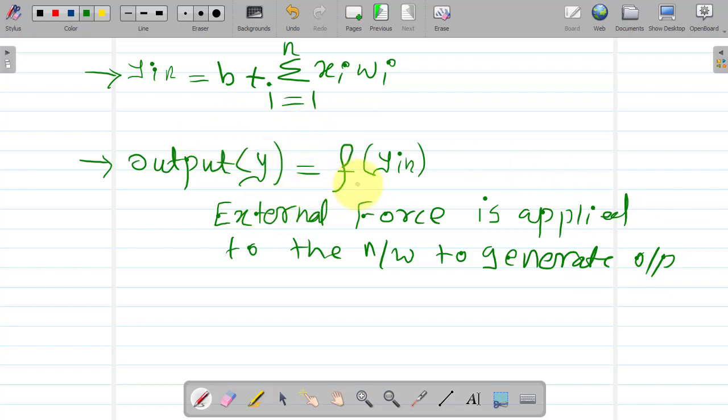In simple terms, if we want to generate the output from the neural network, that is your y, we have to apply some external force on it. That external force is called the activation function, that is your f. We have different types of activation functions, which we will see later on. But the basic job of the activation function is to generate the output from the neural network.